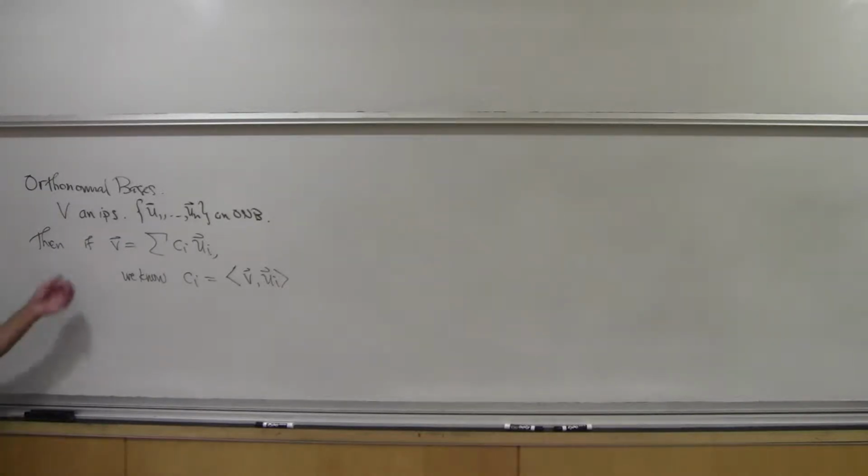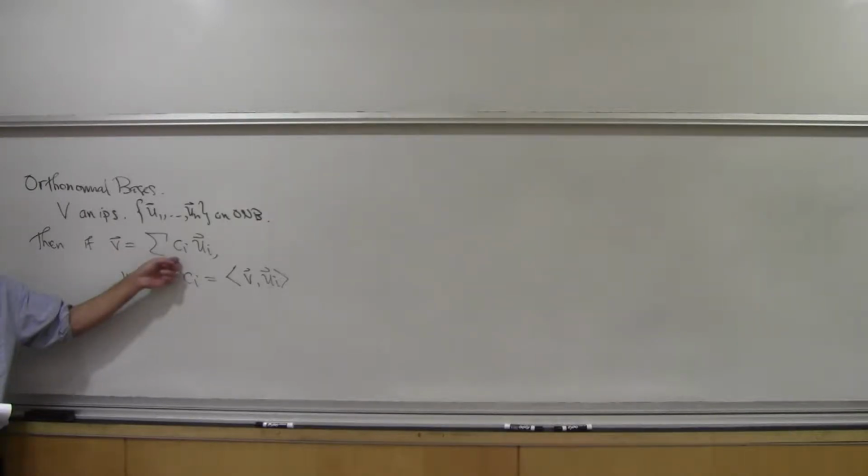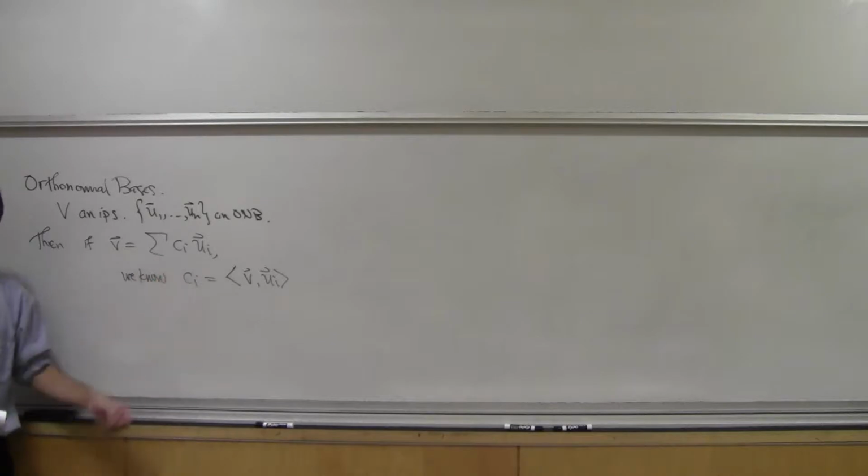That was the big deal about our inner product space, that we could get the coefficients easily, just by taking the dot products.